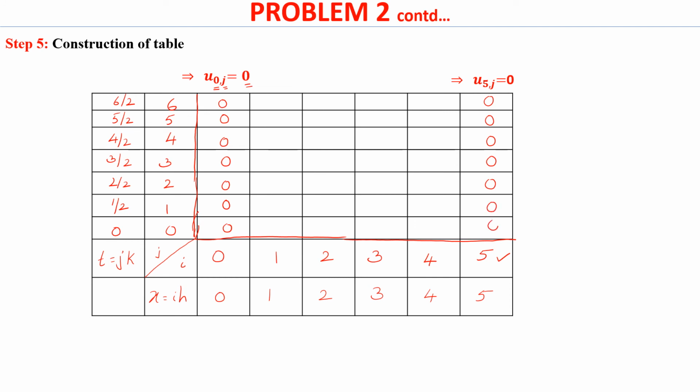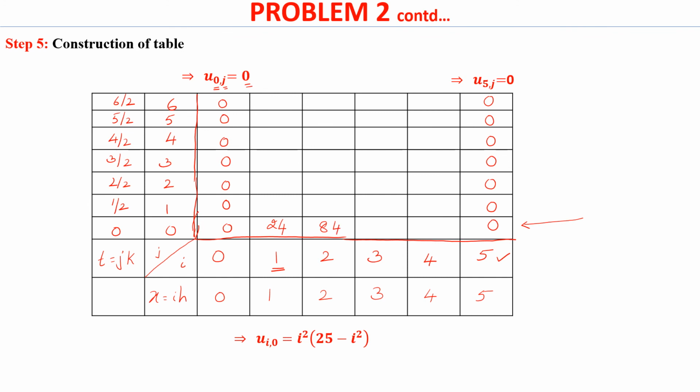Then we have the initial condition to be filling up the first row. So what is the initial condition given to us? i square into 25 minus i square. Here i value is 1. So what will this point be? Just the above point. It is 1 into 25 minus 1. So it will be 24. Similarly, it will be 4 into 25 minus 4. So that will be 84.